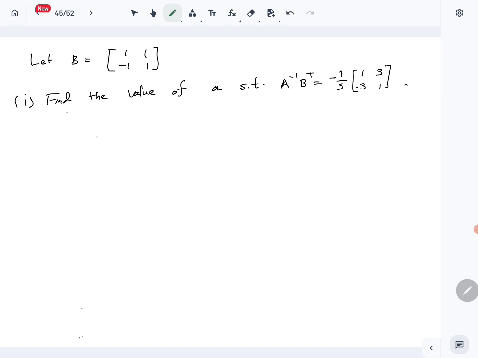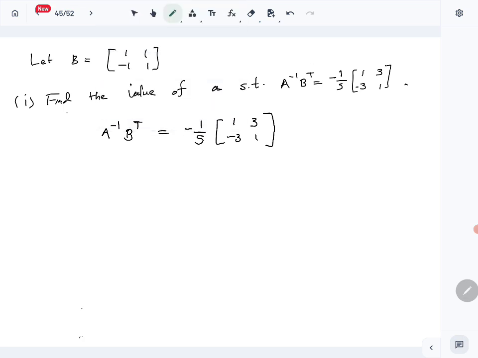So instead of finding A inverse and multiplying it with B transpose, we can do something like this, because if we made a mistake in finding A inverse in the previous step and we multiply by a wrong matrix here, this question is also going to be wrong.